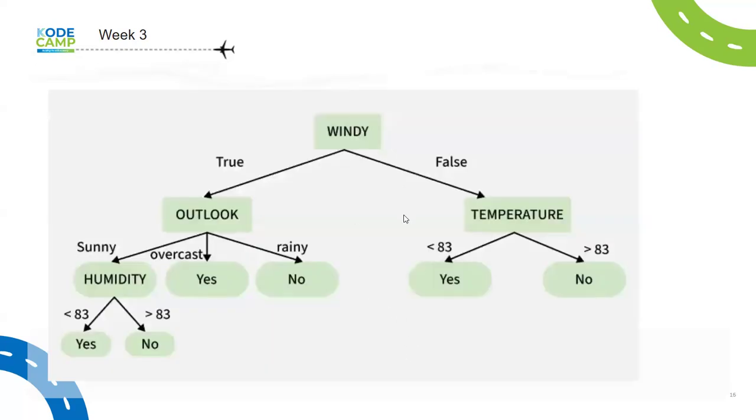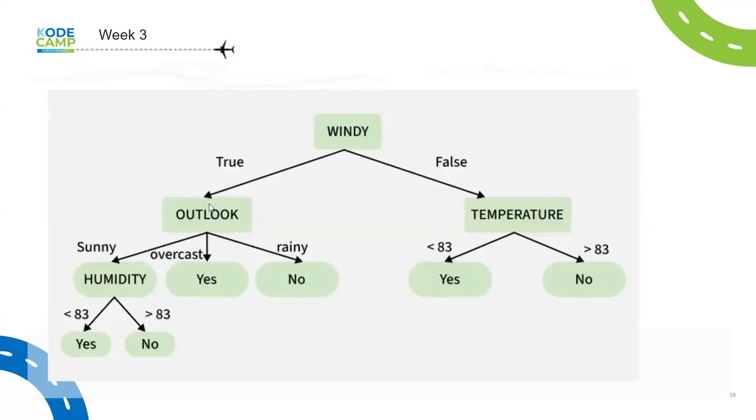This is a good example of a decision tree. If you look at this now, let's assume we want to do a prediction of the weather. This is a good example of a should I go out of the house today kind of prediction. So you start off with the first feature of the weather, which is the windiness. Is it windy?